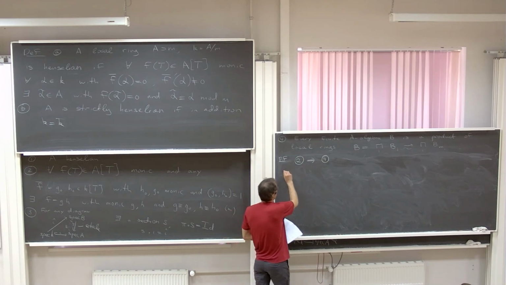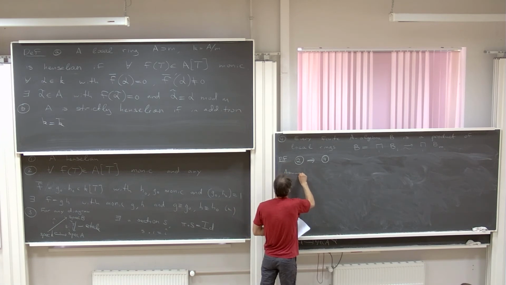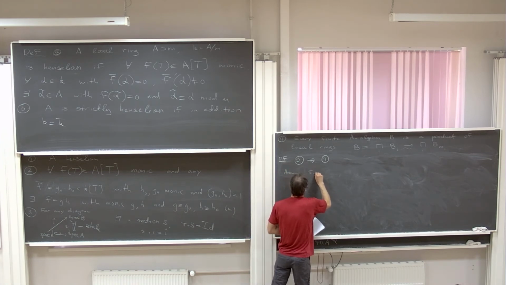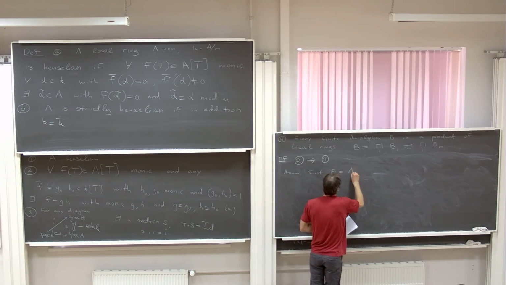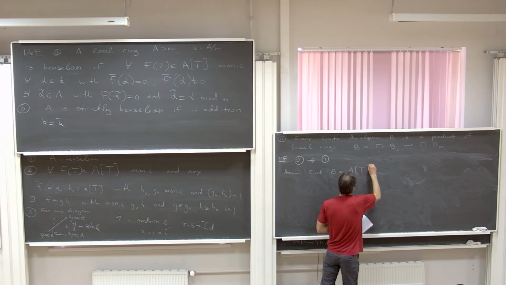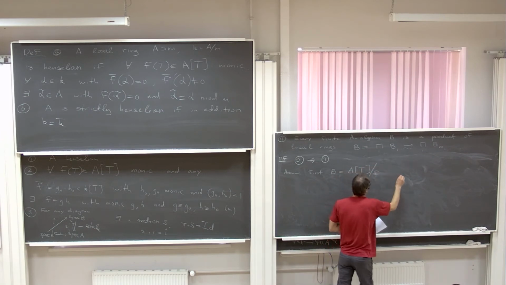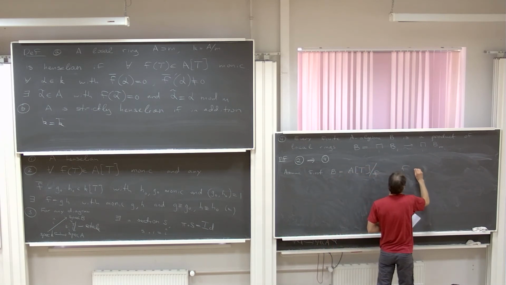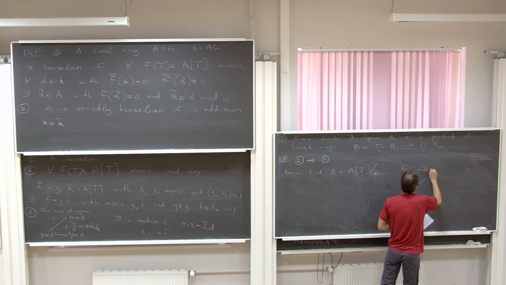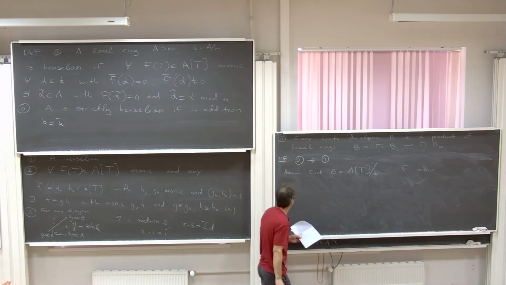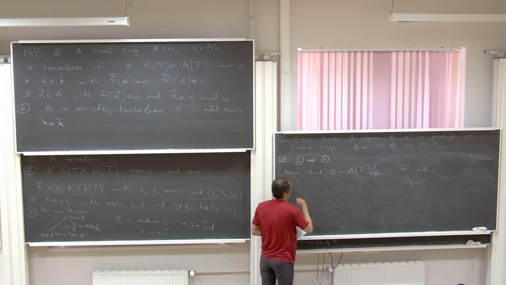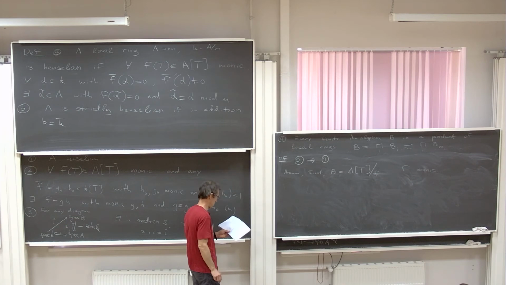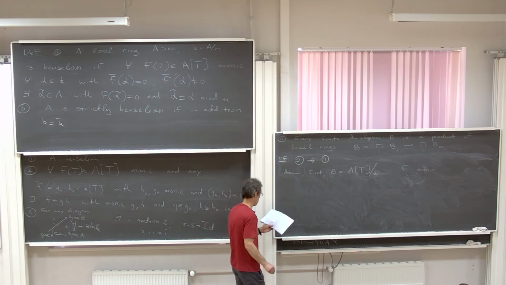So let's first assume that B is generated by one element, B = A[T]/(F), F monic. Okay? Then, what do we want to show?